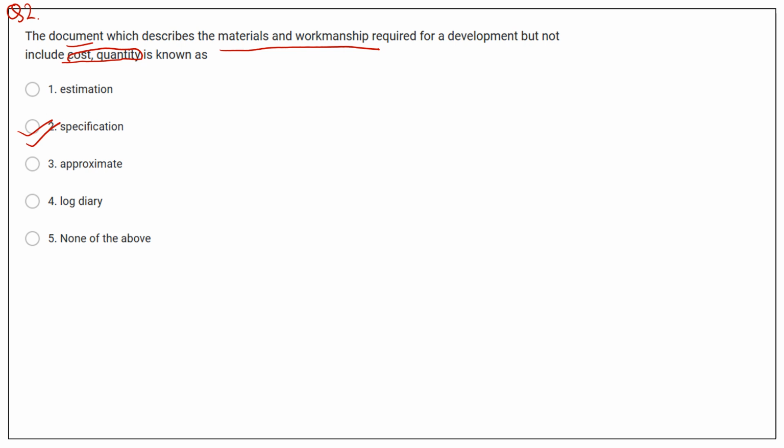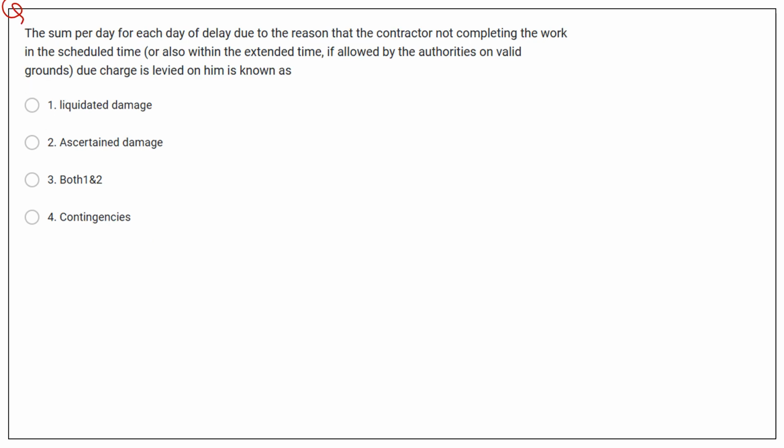The next question. Question number 3. The sum per day charged to the contractor for not completing the work in the scheduled time, or also within the extended time if allowed by the authorities on valid ground, is known as.